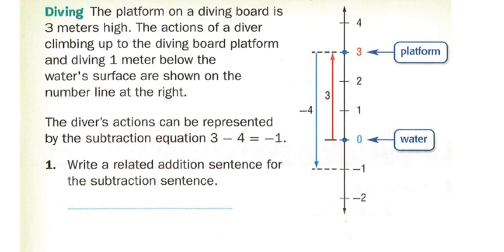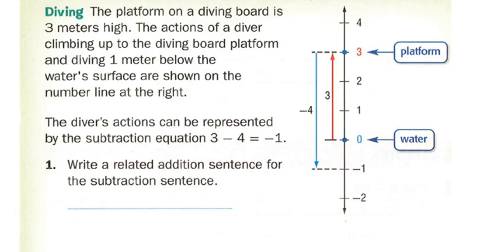Okay, so let's take a look at what we got here. We can see the water level is at 0. Our individual climbs 3 meters up to the platform, jumps off, and goes down 4 meters, because they splash at the water level at 0 and go 1 meter below it.